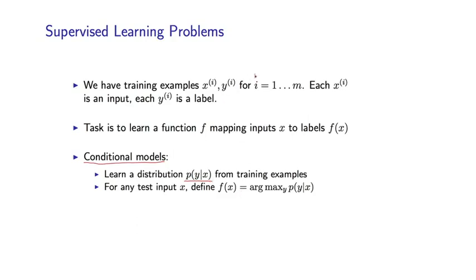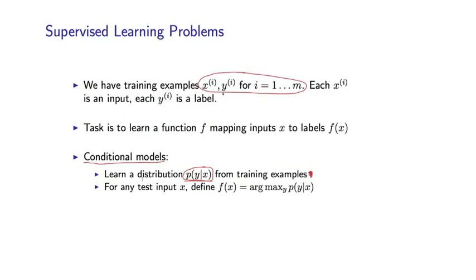So we'll have some method that takes these training examples as input and returns a distribution, p(y given x), as the output. And in general, this distribution will have various parameters which are estimated from these training examples, a bit like the trigram parameters we saw in the first lectures on language modeling. Okay, so that's step one. We learn a conditional distribution p(y given x) from the training examples.